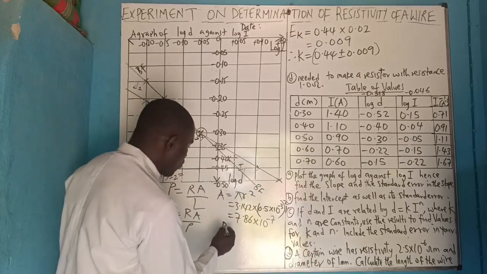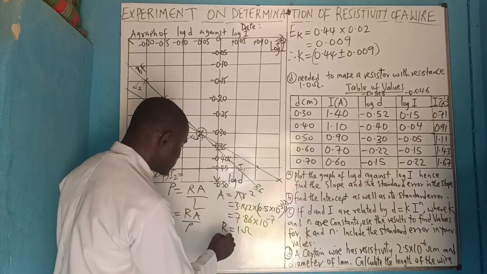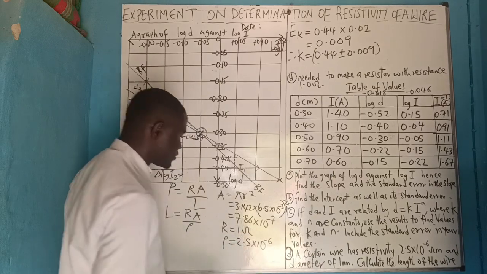Then our R was given to be 1 ohm and our resistivity was given to be 2.5 times 10 raised to the power minus 6.